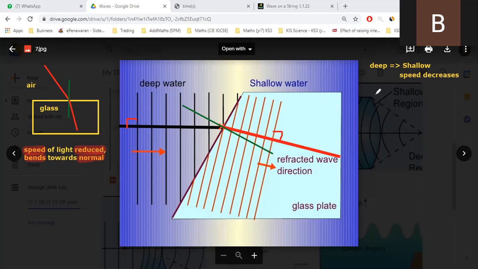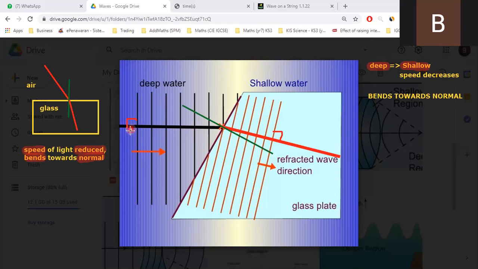So for water waves, from deep to shallow the speed is reduced, right? So what happens? It bends towards the normal. Same concept. Okay, so you see from the diagram, the black line after refraction bends towards the normal.